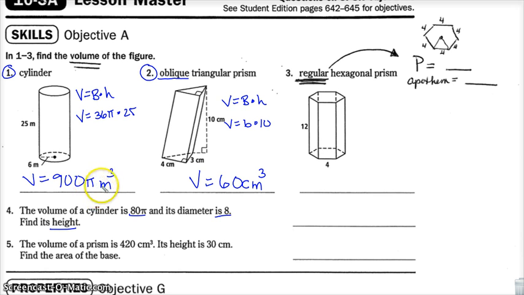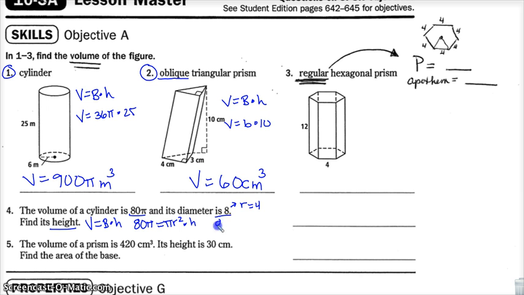Let me first write in the formula. The volume equals the area of the base times the height. The volume here is 80 pi. And remember, the area of the base is pi times the radius squared times the height. Since my diameter is 8, that means that my radius is equal to 4.